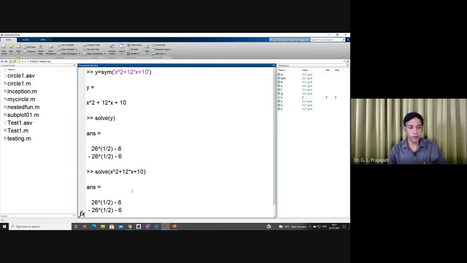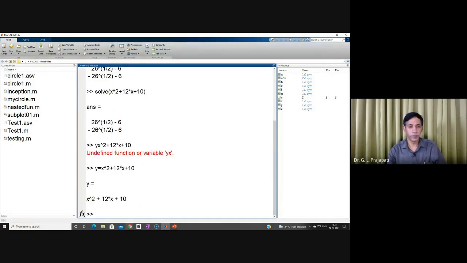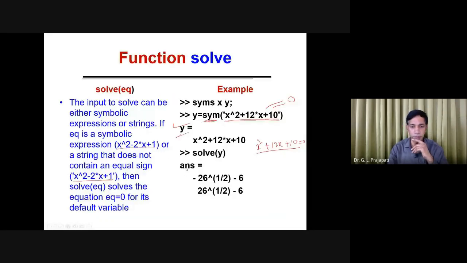Another way you can do it: you can say y is equal to this expression, since x is already a symbolic variable, and you are assigning it to y as a symbolic variable. Then you can use solve for y, and you are also getting the answer. And that's why it says either a symbolic expression or a string.